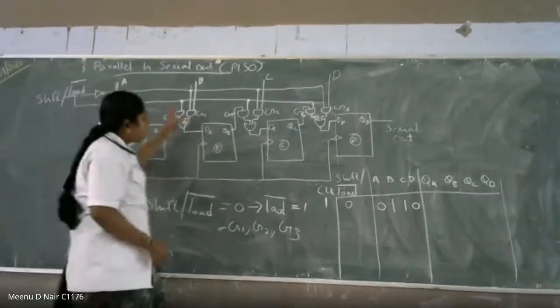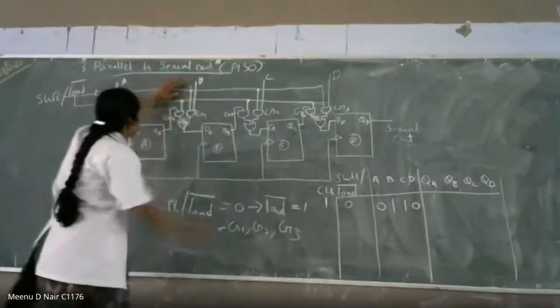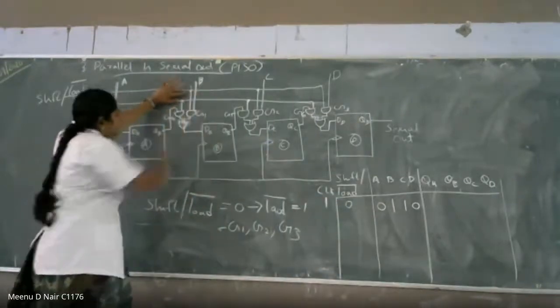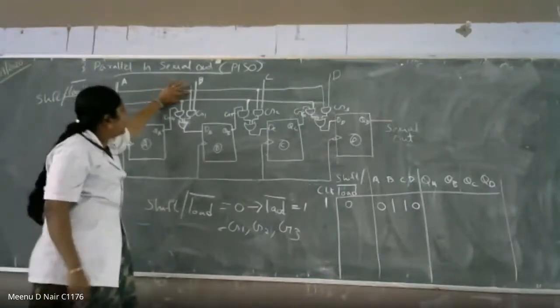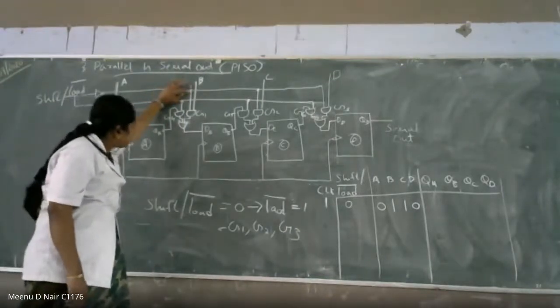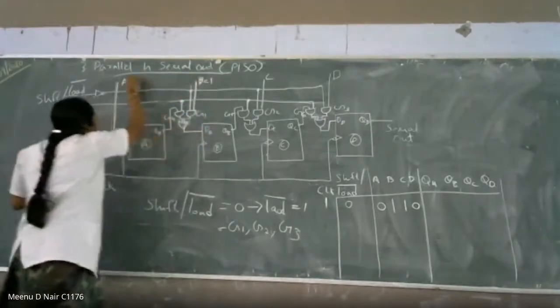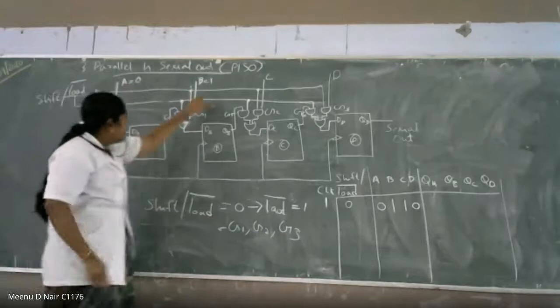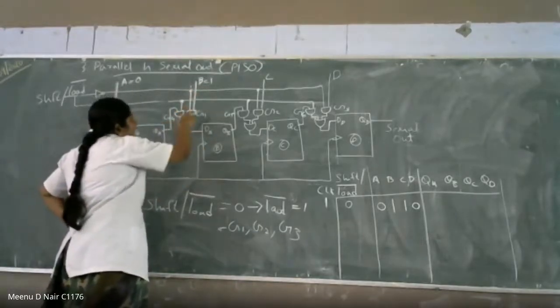So here you consider B as 1. This line is always 1 because this is load bar, and load bar is equal to 1. So you are given B is equal to 1. What is happening here? A equal to 1, B equal to 1.